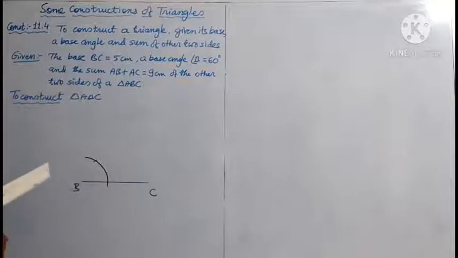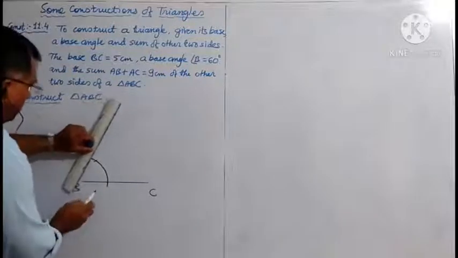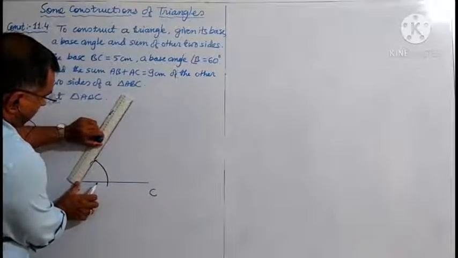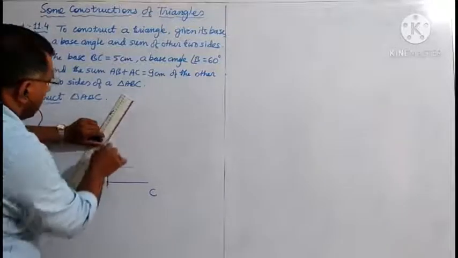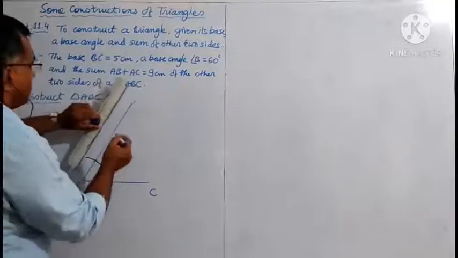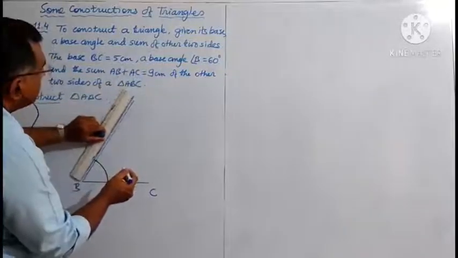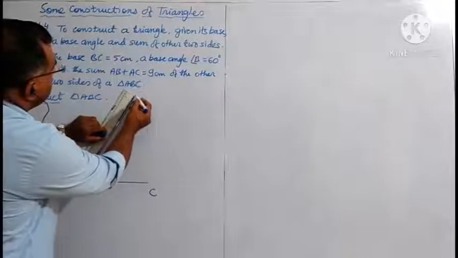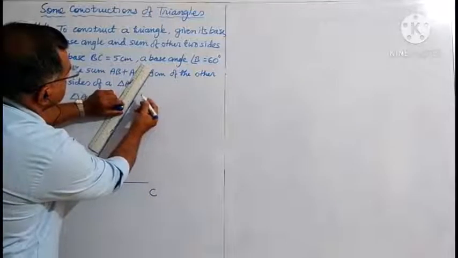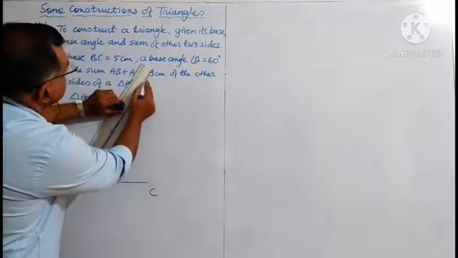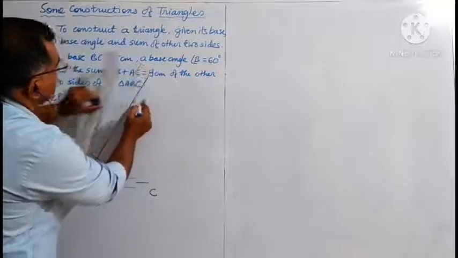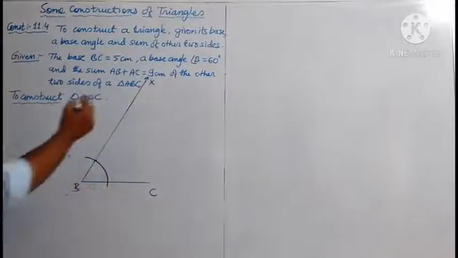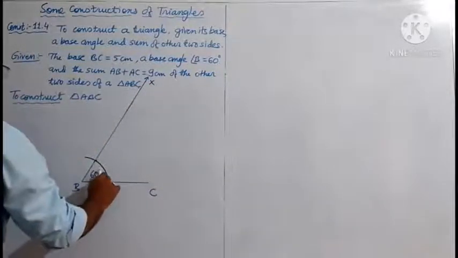Draw ray BX so that angle XBC is equal to 60 degrees, because we don't know where the point A is. Suppose this point is X. So ray BX, here this measures 60 degrees.